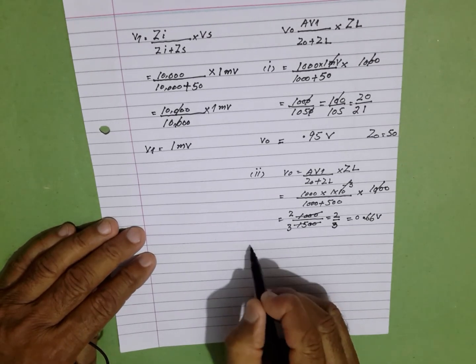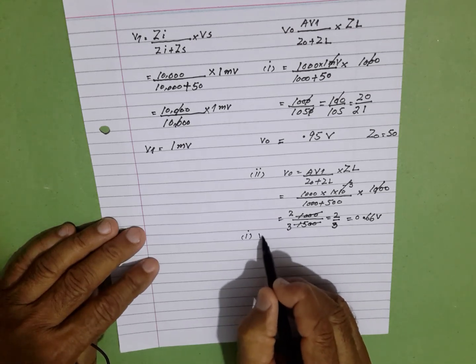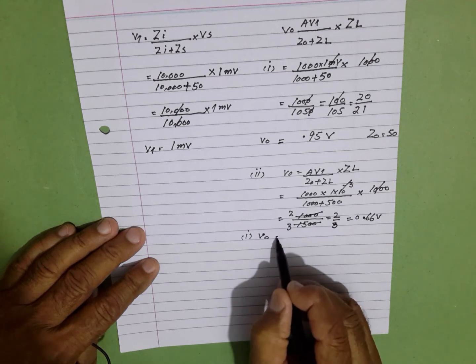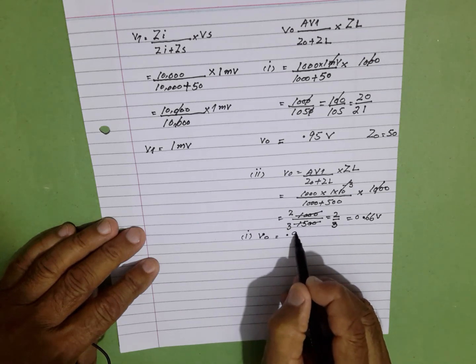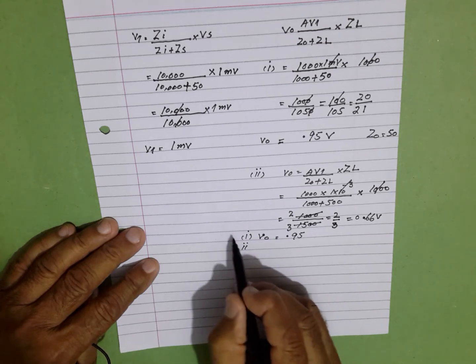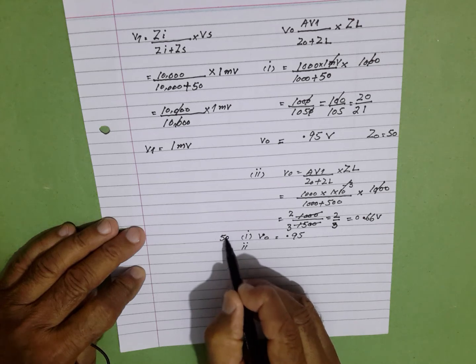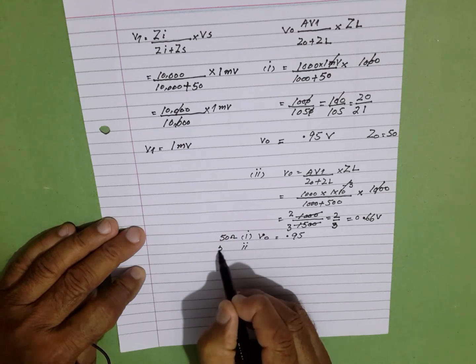In the first case, V0 was 0.95 volt calculated. In the second case, this was with the 50 ohms. This was with the 500 ohms.